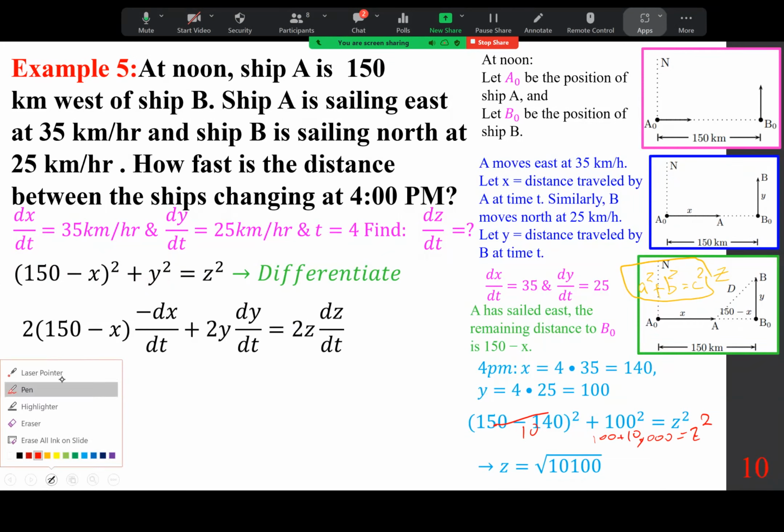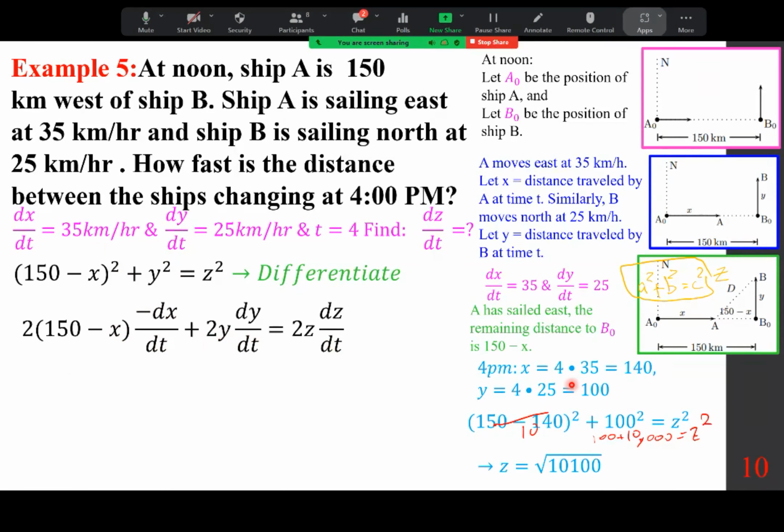Now let's replace the values. So we're going to replace the x with 140 times negative 35 plus 2 times y, 100, times dy dt, which is 25, equals 2 times, and instead of z, let's put the exact answer for now.